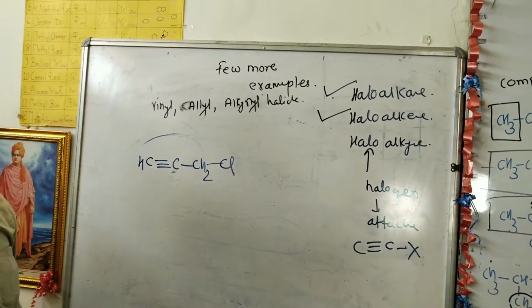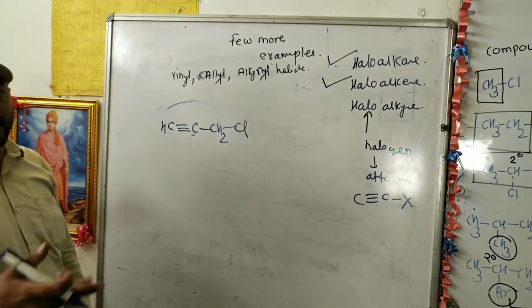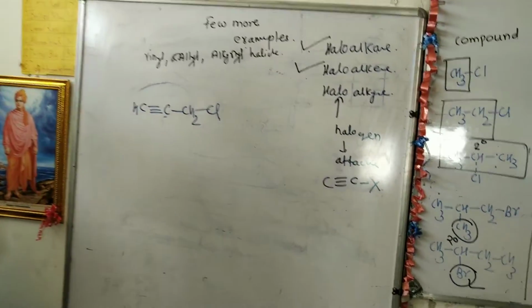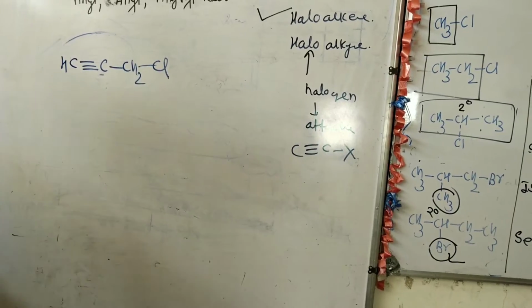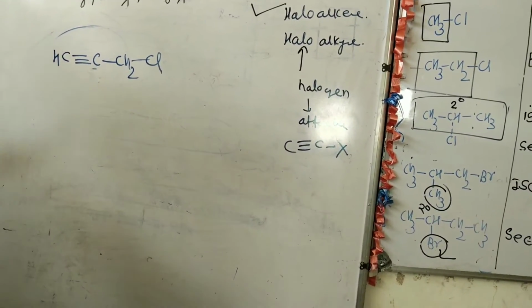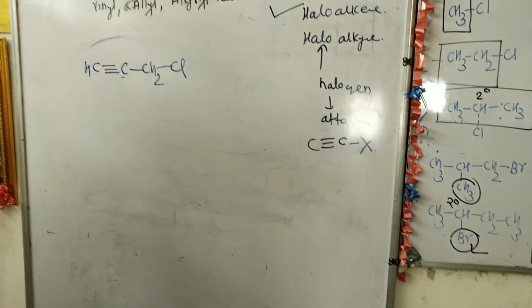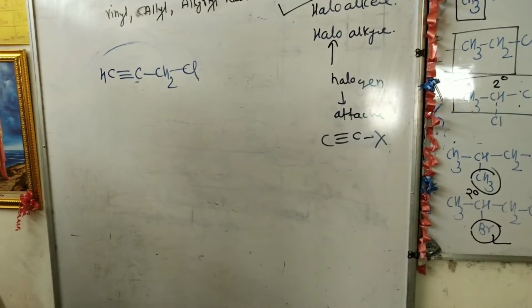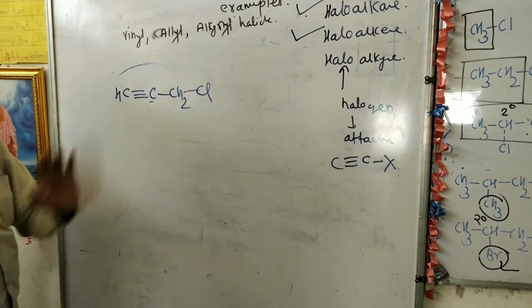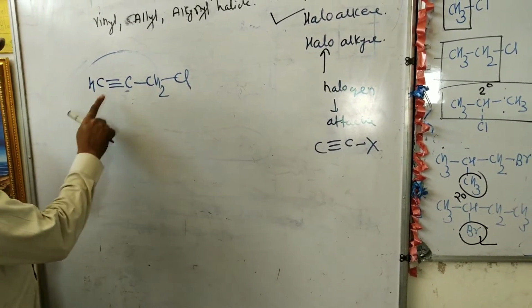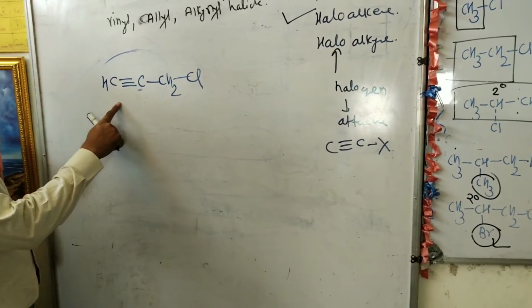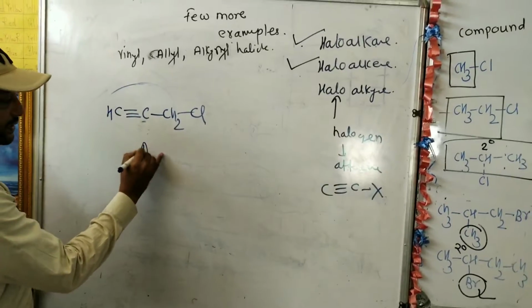In this case, just similar to the allylic halide. What is our rule? Select the longest chain from where the triple bond is near, not the halogen.